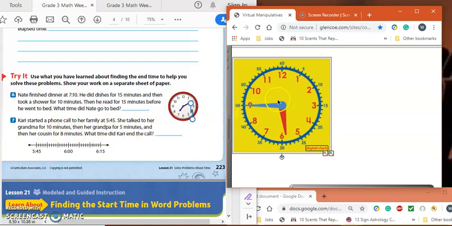Let's do that. And then the grandpa for 5. So here's 10 minutes for grandma, 5, 10. And then 5 minutes for grandpa. That brought her to 6. And then her cousin for 8 minutes. So 5, 6, 7, 8 minutes. What time did Kari end the call?